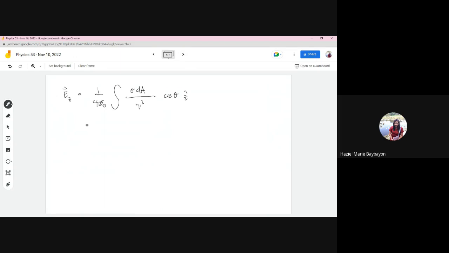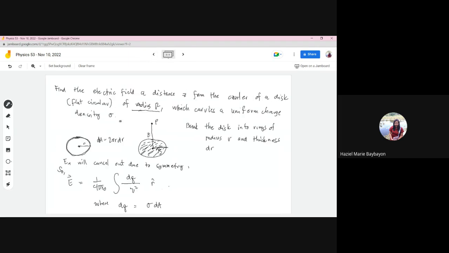So you have 1 over 4 pi epsilon naught, and then the integral of sigma times dA equal to 2 pi r dr, over r squared. What is r squared, by the way? If this is r here and this is z, then this is the separation vector, from the source point towards the field point.